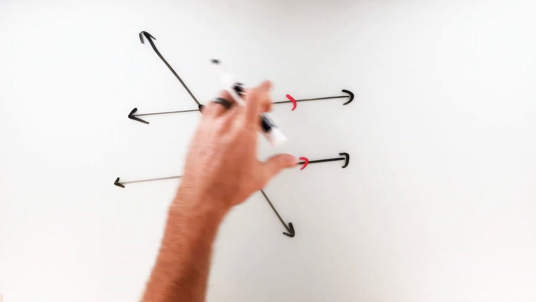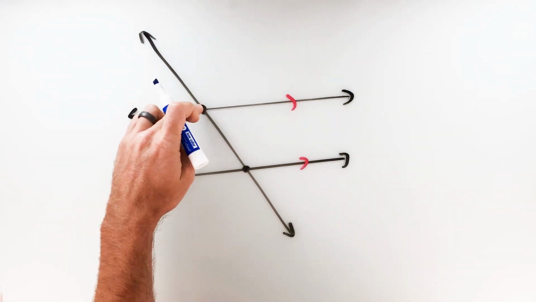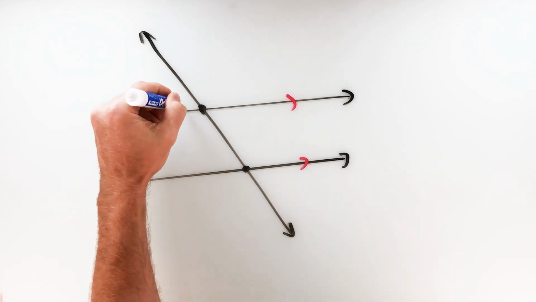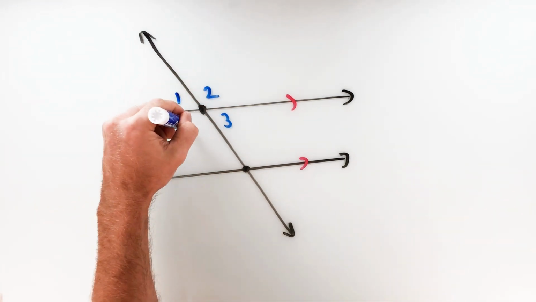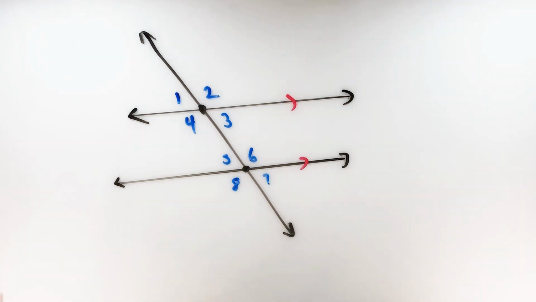So whenever we draw the 2 parallel lines cut by the transversal, we create a whole bunch of angles. We've got 4 angles at this intersection, and 4 angles at this intersection down here. So we've got 1, 2, 3, 4, 5, 6, 7, 8. Within these angles, we've got a bunch of congruent angles, and another relationship that we'll look at in a second.